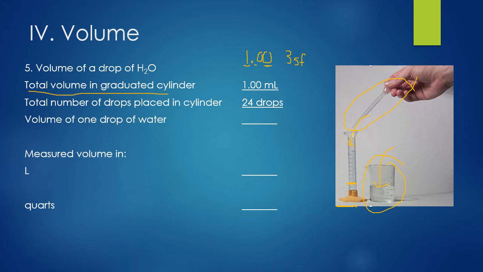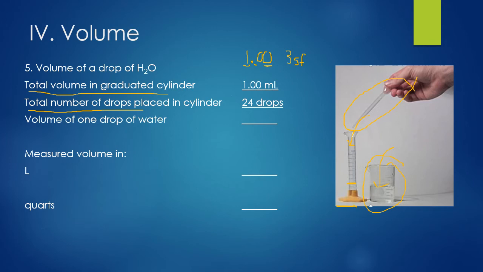Now the next line says, what are the total number of drops? As I was trying to get to the 1 mL mark in that 10 milliliter graduated cylinder, I counted the drops I was adding, and it took a total of 24 drops to get to 1 milliliter. So that 1 milliliter of water is equal to 24 drops of water.